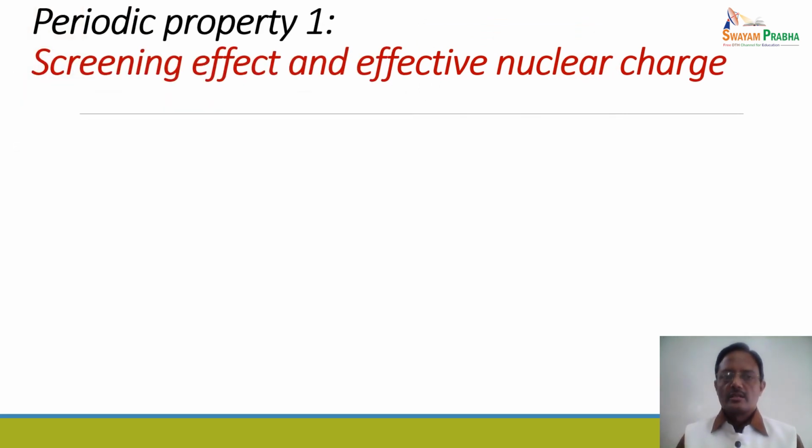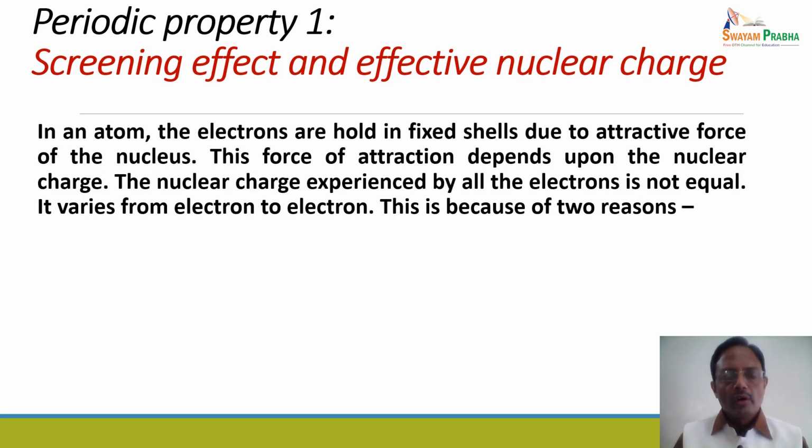Now we will discuss various periodic properties, starting with screening effect and effective nuclear charge. Now we know that in an atom, the electrons are held in fixed shells or particular orbits due to attractive force of the nucleus, and this force of attraction depends upon the nuclear charge. The nuclear charge experienced by all the electrons is not equal because of 2 reasons.